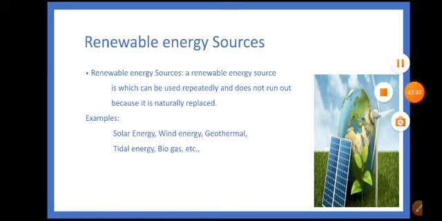So from wind energy we can get energy, and we have much scope in this area. Geothermal energy is a costly one. We need technology and equipment to produce the thermal energy.